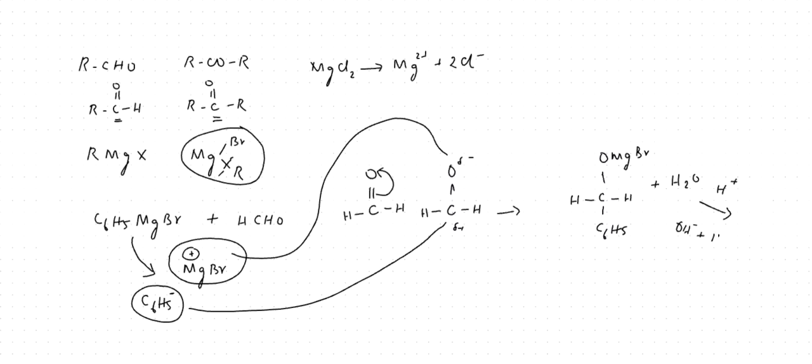If this group leaves, the OH is attached to the carbon and this becomes MgOH. So the product that is formed is C6H5 CHOH, and Mg, Br, OH.